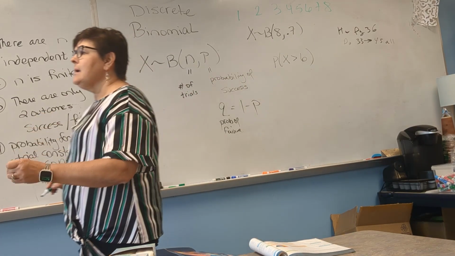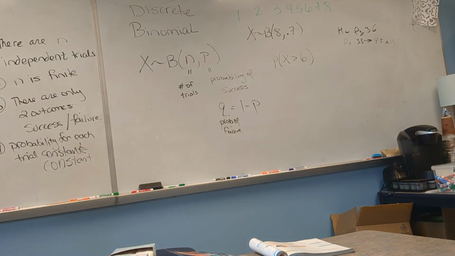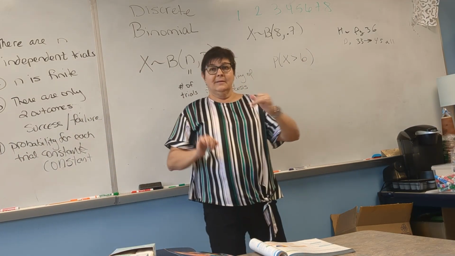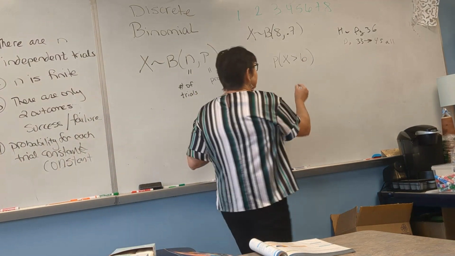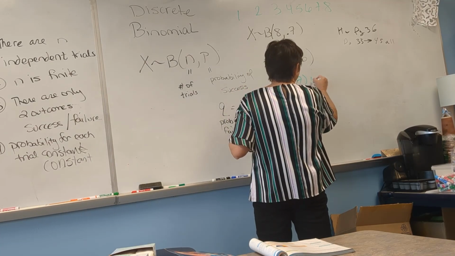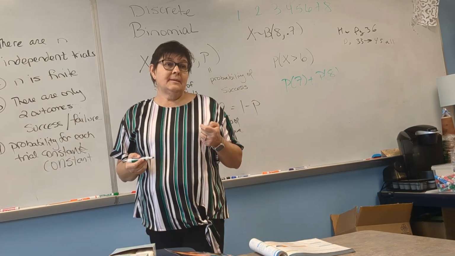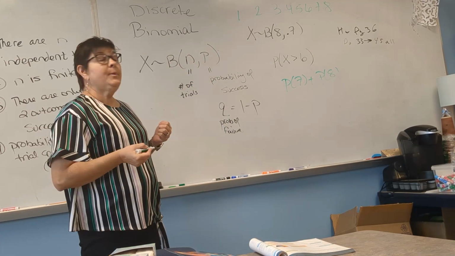I am looking for the probability that X is greater than 6. So what are the two things that make up the numbers of X greater than 6? 7 and 8. So I'm literally trying to find the probability of 7 plus the probability of 8. Does that make sense?